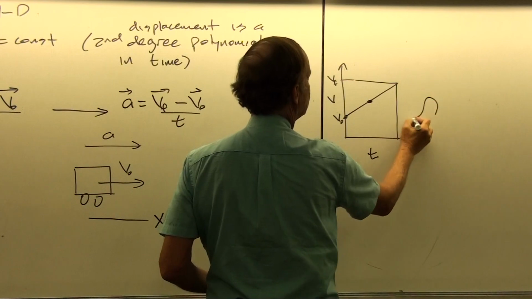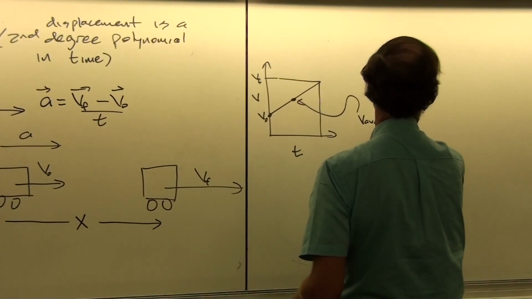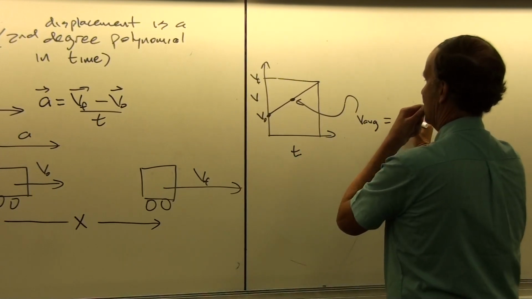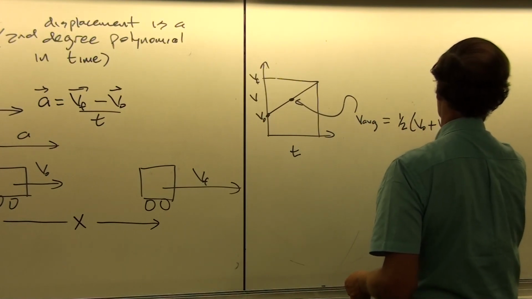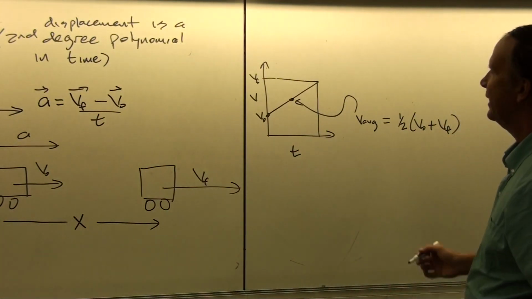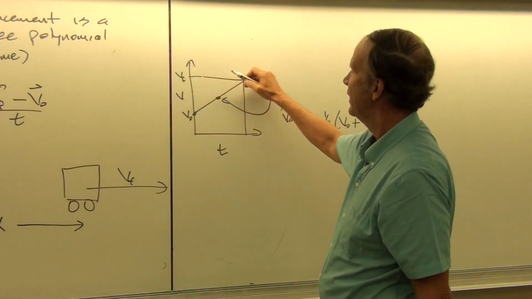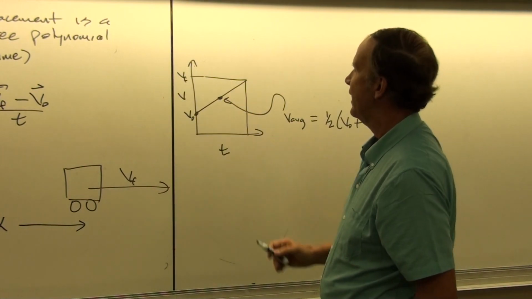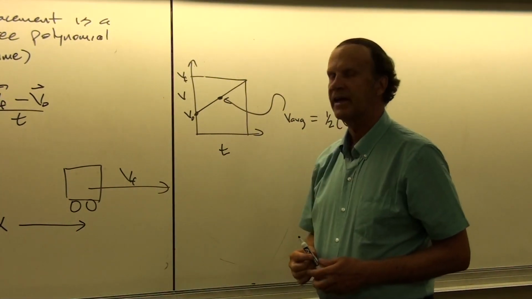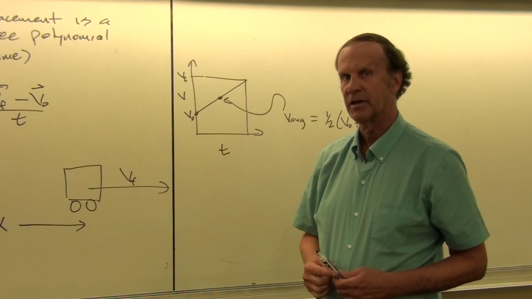And so v average is just that point in the middle, which is equal to essentially 1/2 times v0 plus v final. Okay. And so in other words, if v initial, let's say, were 10 meters per second, v final were 20 meters per second, then we could pretend that all of the motion was at a single velocity, which is the average value of 15 meters per second.